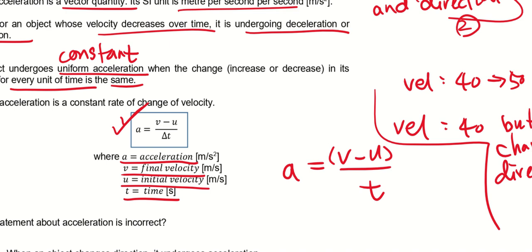You take 10 apples minus 5 apples, in the end you get 5 apples. You take final velocity minus initial velocity, what's the final unit? It will be meter per second.